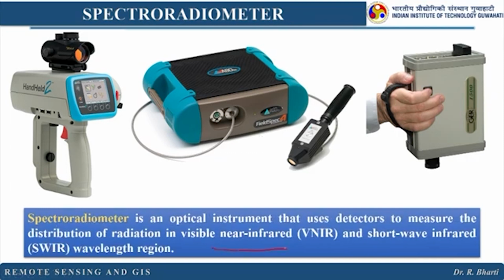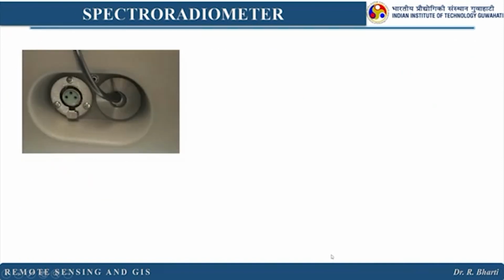This is the definition of a spectroradiometer, and remember, these spectroradiometers are very powerful because the same sensor has been placed in space, right. The same sensor you are getting for your lab.